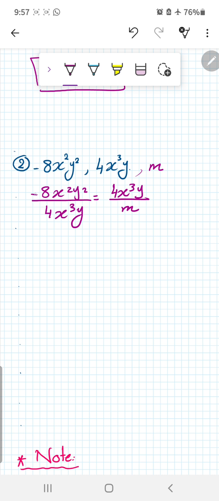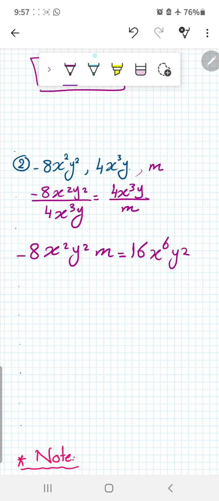Here negative 8 X power 2 Y power 2 times M equals 4 times 4, 16, X power 3 times X power 3. In multiplication, add the powers. So 3 plus 3 is 6. Y power 1 times Y power 1 equals Y power 2.